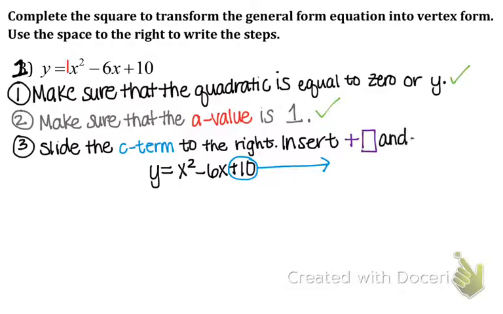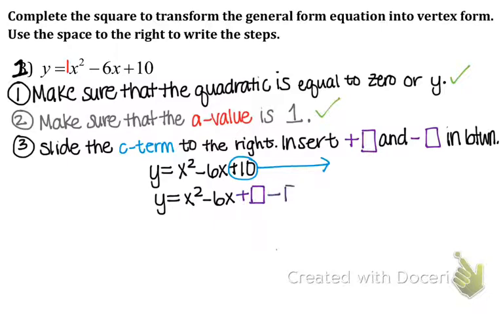Then, after we move it to the right, we are going to insert a plus square and a minus square in between our old quadratic and the 10. So this is what that will look like. y is equal to x squared minus 6x plus square minus square, and then the plus 10 that we took from the original and just slid it over to the side, right over here.